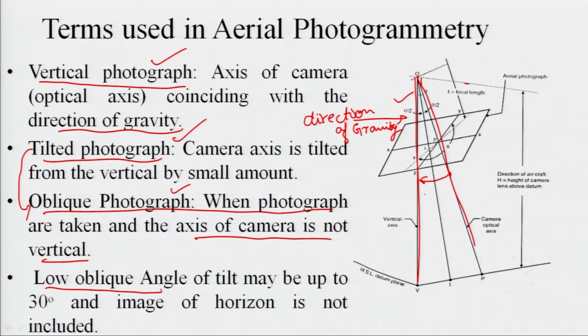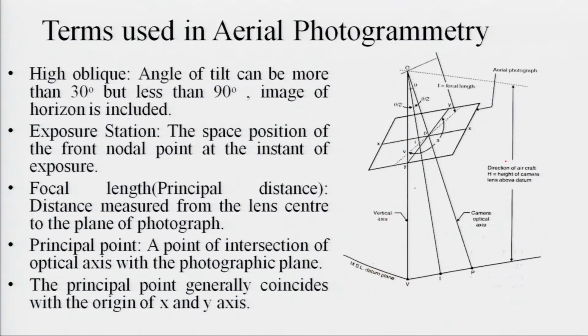Talking about low oblique photograph, the angle of tilt, that is this, must be about 30 degrees. It cannot be greater than 30 degrees. And talking about high oblique, the tilt angle is greater than 30 degrees but should be less than 90 degrees.